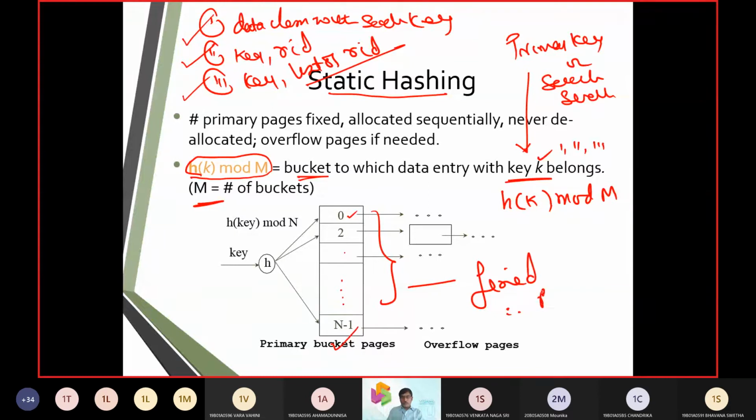Therefore, if a new entry comes, it must be in overflow. That was the only key takeaway from this diagram we are going to look into. Fine.